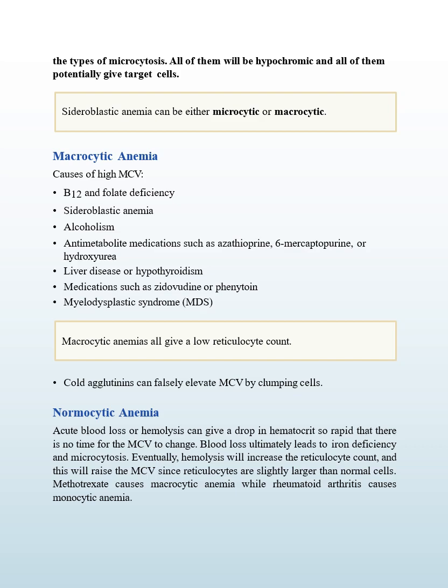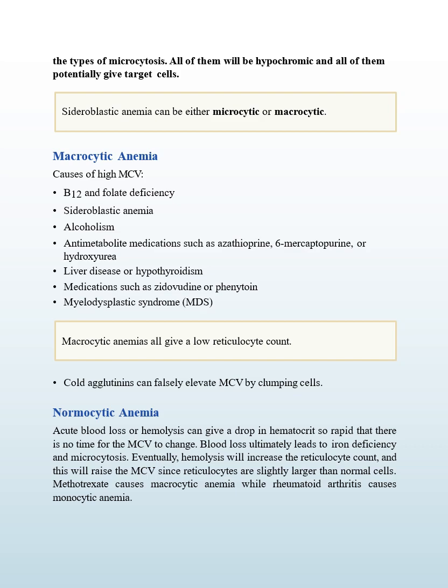Let's go over some of the causes of high MCV. Number 1, this is B12 and folate deficiency. Number 2, sideroblastic anemia. Number 3, alcoholism. Number 4, anti-metabolite medications such as azathioprine, 6-mercaptopurine, or hydroxyurea.